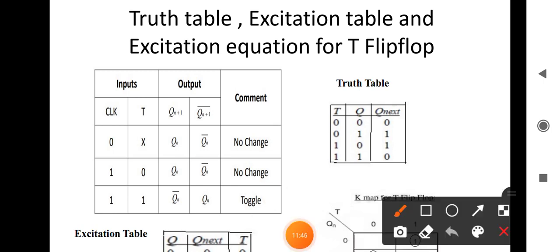So when it is 0 here, then Q1 plus 1 is also 0 here. When it is 1 here, Q1 plus 1 is also 1 here.